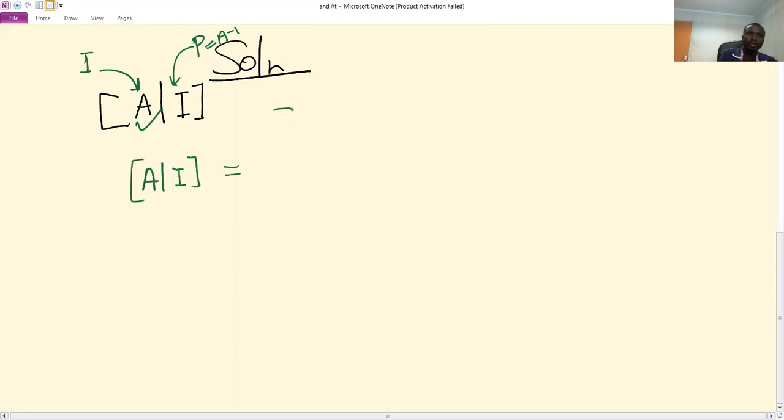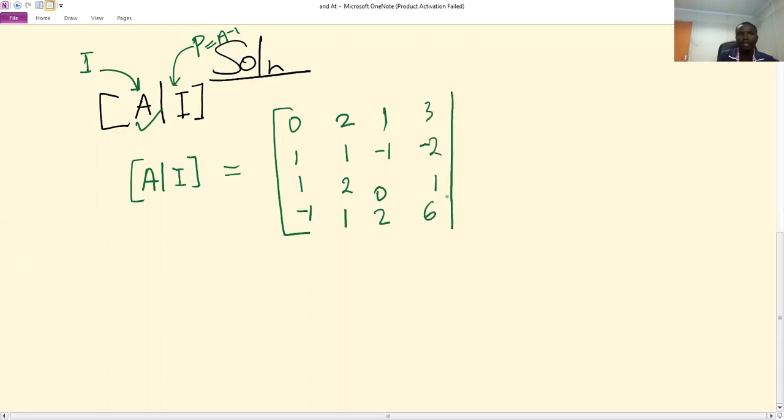So this will be our A matrix: 0, 1, 1, minus 1, and then we have 2, 1, 2, 1, 1, minus 1, 0, 2, 3, minus 2, 1, 6, separated by a straight line. You can make it solid or dotted, there's no problem.